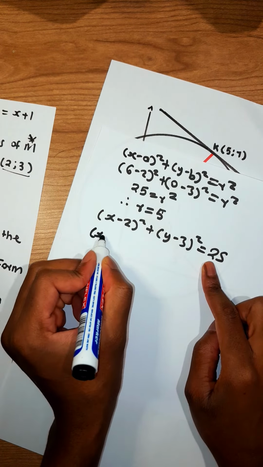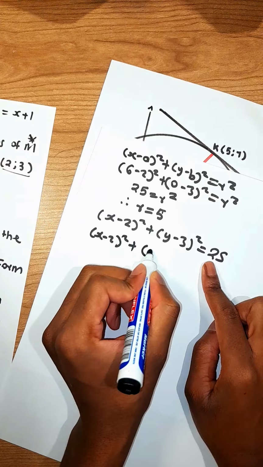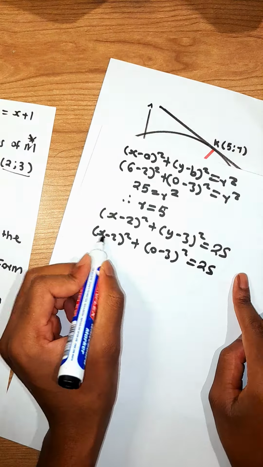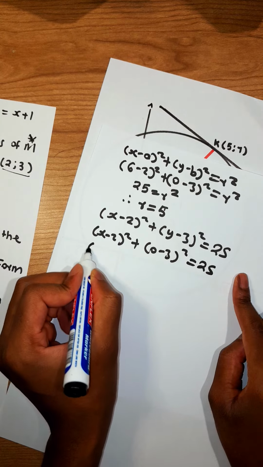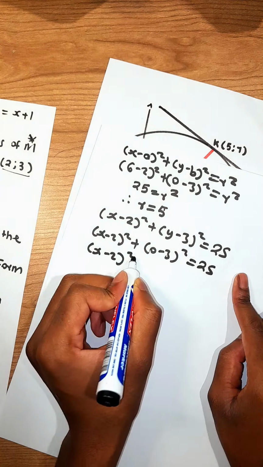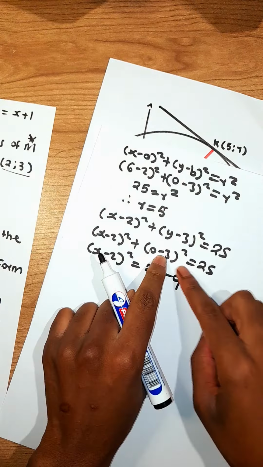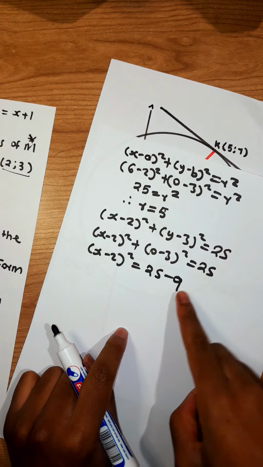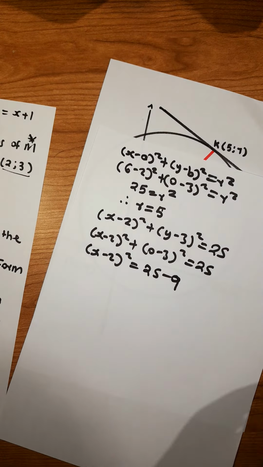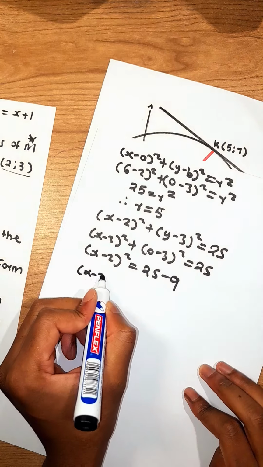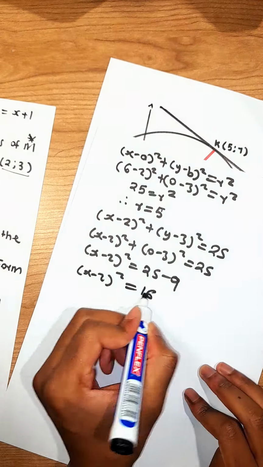So I'll be left with x minus 2 squared plus 0 minus 3 squared equals 25. So this is going to give me x minus 2 squared equals 25 minus 9. So minus 3 squared is going to be 9. I take it to the other side, it's going to be minus 9. So I'm going to have 25 minus 9 equals 16. So I'm going to have x minus 2 squared equals 16.